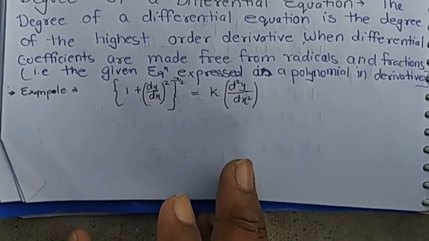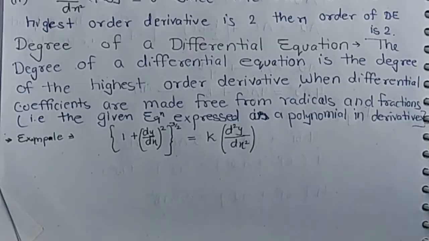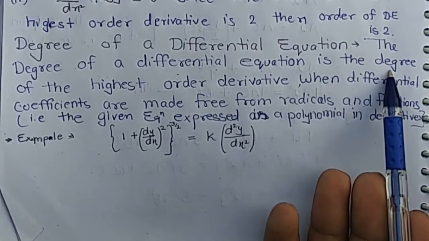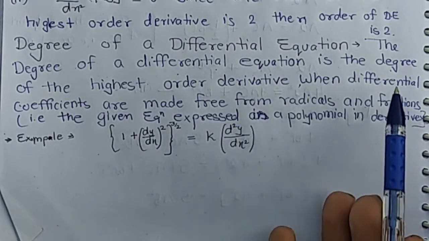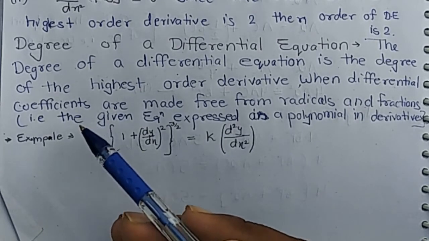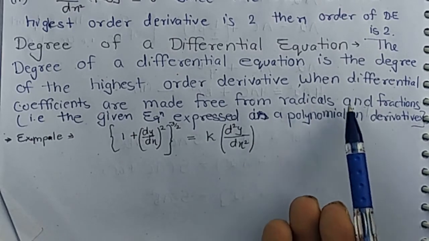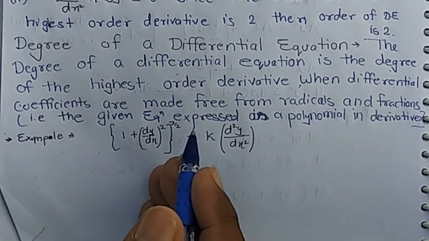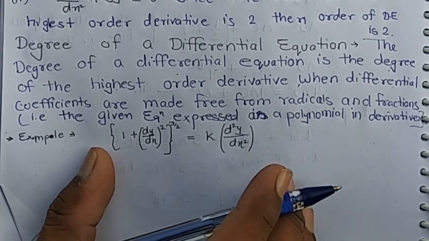Now, degree of a differential equation. The degree of a differential equation is the degree of the highest order derivative when the differential coefficients are made free from fractions and radicals, or the given equation is expressed as a polynomial in derivatives.